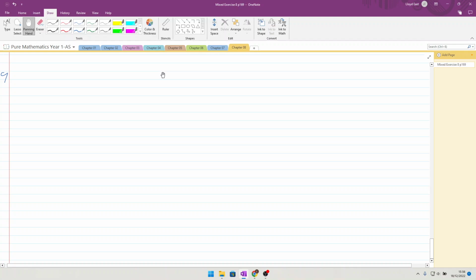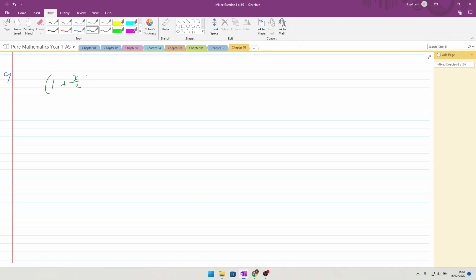The coefficient of x in a binomial expansion is 7. Find n. So we are told that (1 plus x over 2) to the power of n is equal to something or another plus 7x.